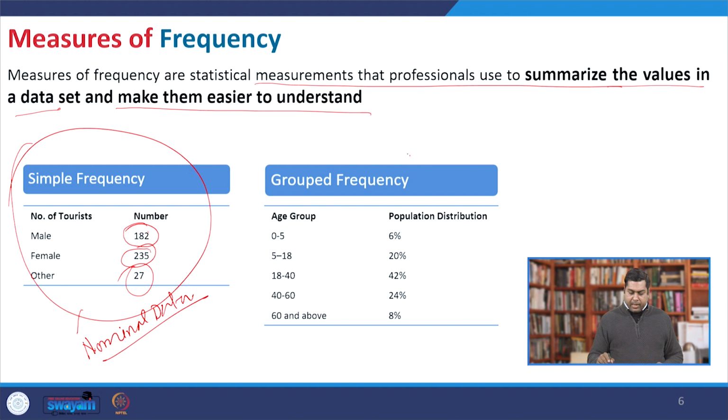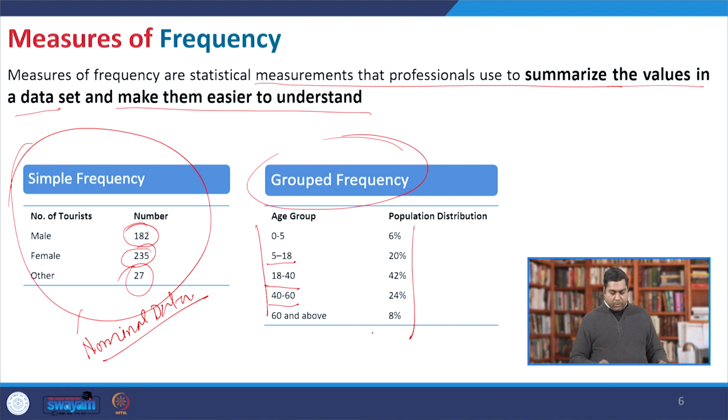Otherwise, you can also have this kind of grouped frequency. In such cases, you can collect information with the actual age and then make groups: age group 0 to 5, 5 to 18, 18 to 40, 40 to 60, and 60 and above, and out of the total sample or population you calculate the percentage.